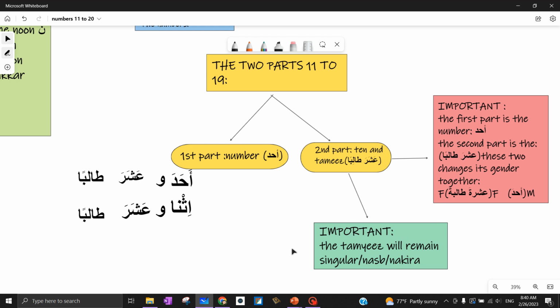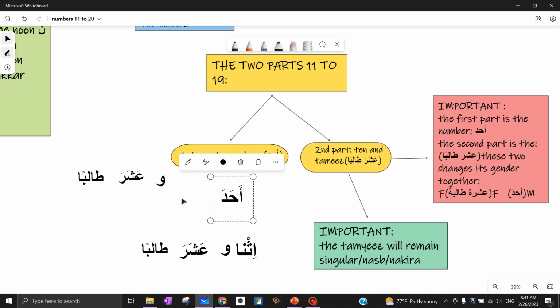So if you pay attention here, what happened? Now in number names, what happened? Now this is the number 12. Originally we have ahada, and we put waw in between, and ashara.